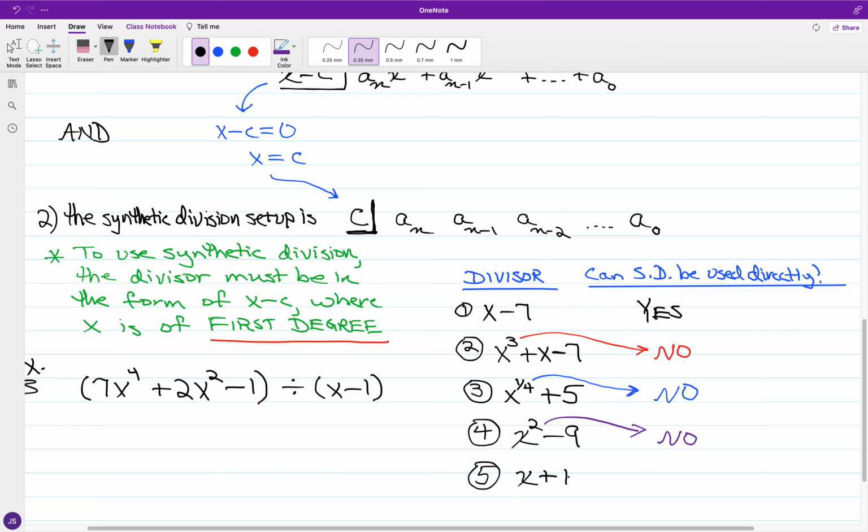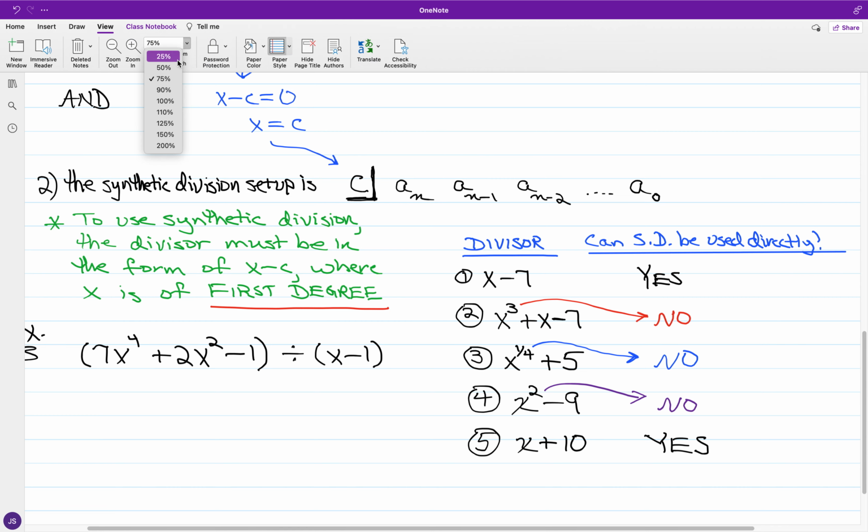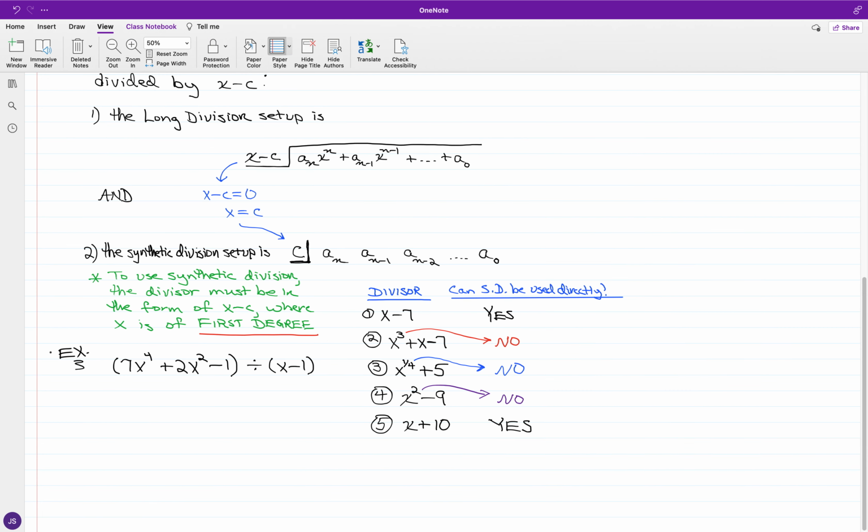And if I have something like x plus 10, there's only one x term, and this is a first order. So it needs to be an x expression that has only one variable term, and that variable term must be of first degree.